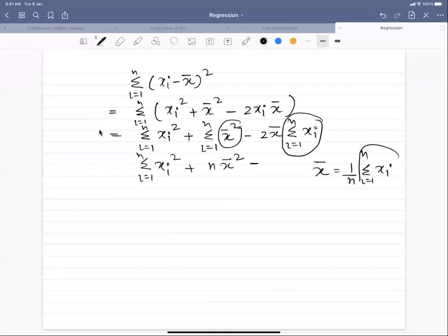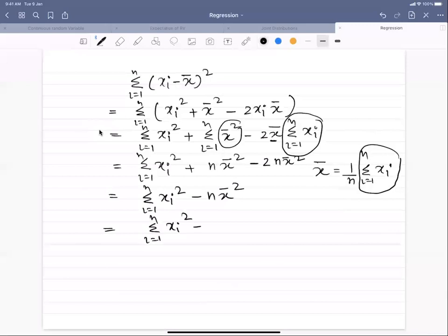So this term can simply be written as minus 2 n x bar square, because one x bar was already there. So this will become summation over i = 1 to n of x_i square minus n x bar square. So we have actually got the Sxx.